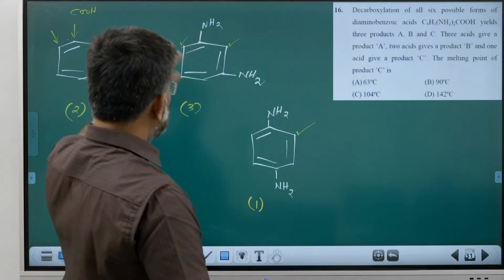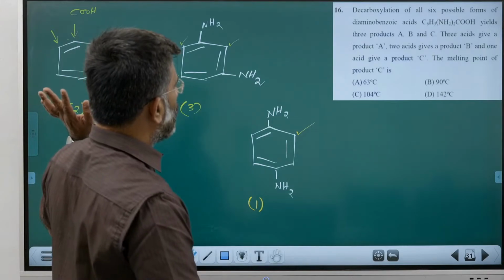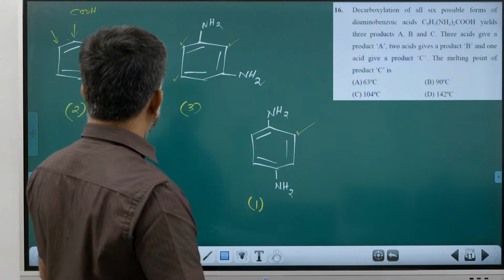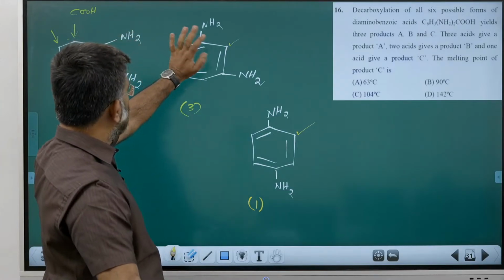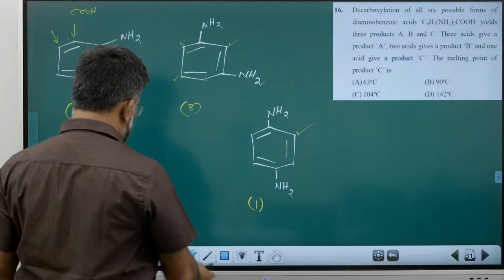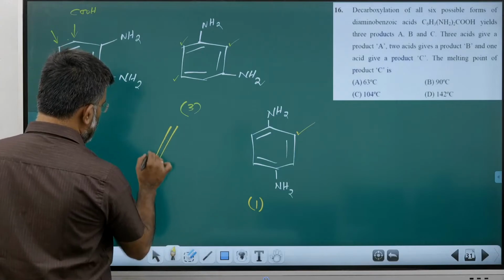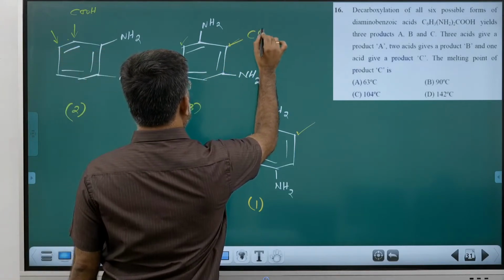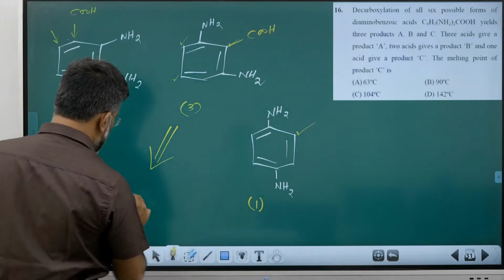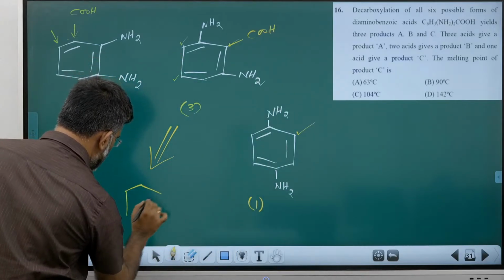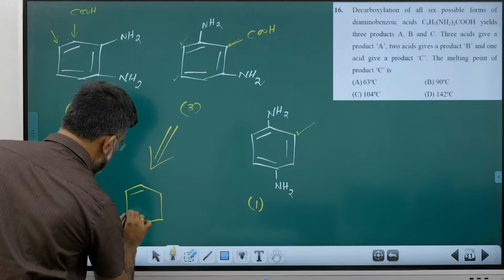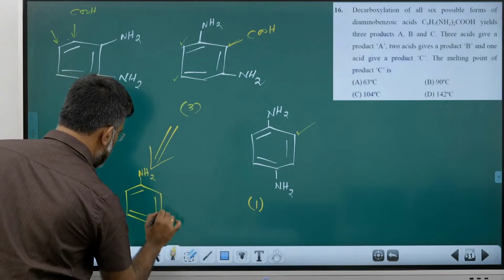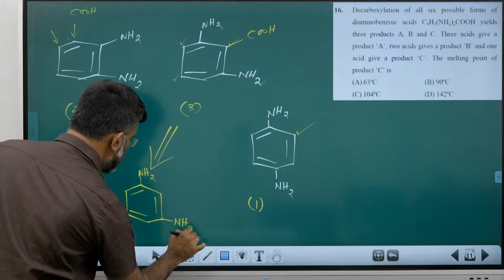Now, 6 isomers are ready. Now let us say 3 acids give product A. This is the 3 acid which is giving product upon decarboxylation. This molecule undergoing decarboxylation, imagine here you have COOH. Decarboxylation means once it is decarboxylated, the product will be this one.